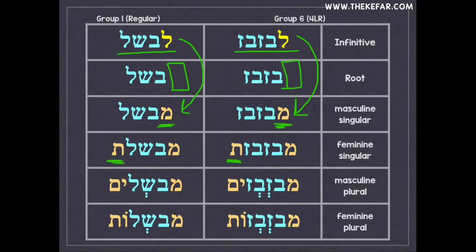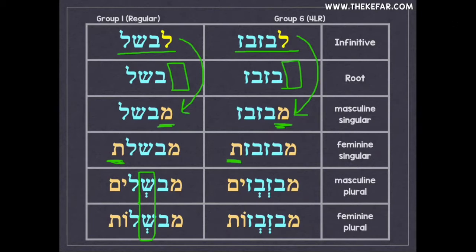Again, exactly the same. Where we see a slight difference, and this is just because we have an additional root letter to work with, is with the masculine and feminine plural. So you see here that the masculine plural, we just have one shava, mevashlim and mevashlot.